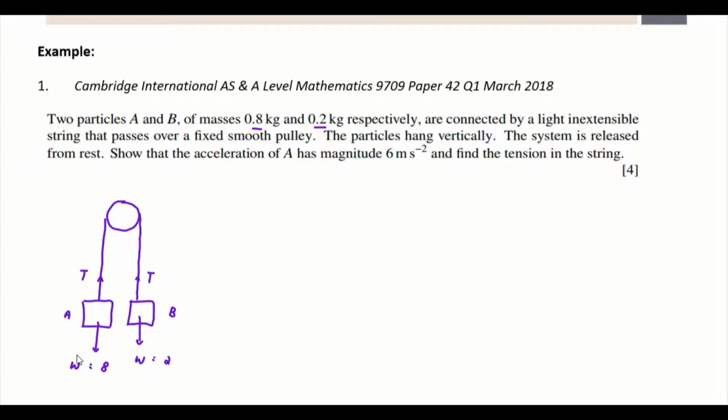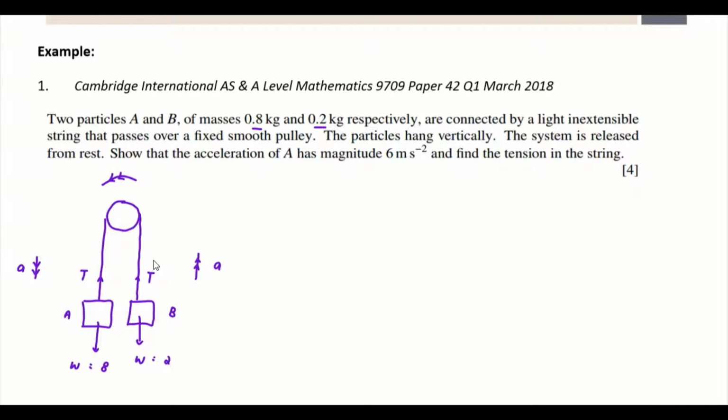Even the weight is 8 versus 2. So we can imagine how the pulley is going to move. There will be an acceleration going down for A, and for this particle, an acceleration going up. So the motion is one moving downwards, one moving upwards.